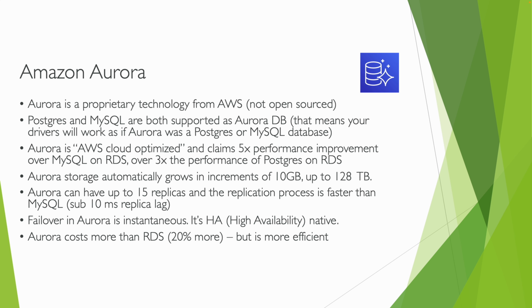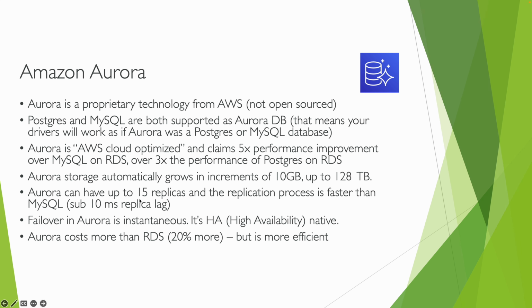So instead of using normal Postgres and MySQL, if you use AWS Aurora, it gives around 5 times better performance. Aurora storage automatically grows from 10 GB up to 128 terabytes. So this is very huge, right?